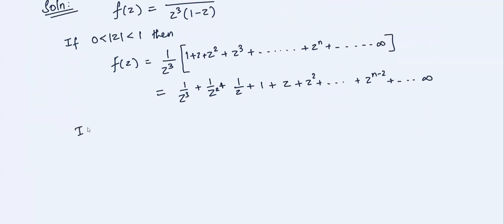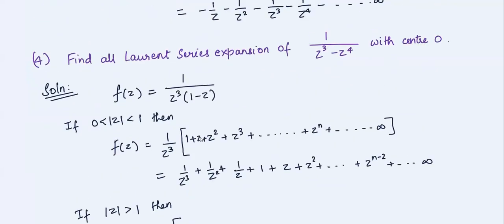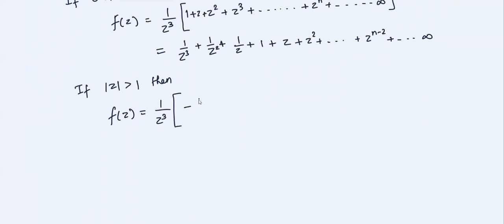Now, if mod z is greater than 1, then f of z is 1 by z cube for sure, then multiplied by the previous series here, minus 1 by z, minus 1 by z square, minus 1 by z cube.